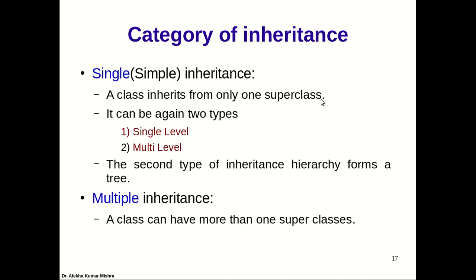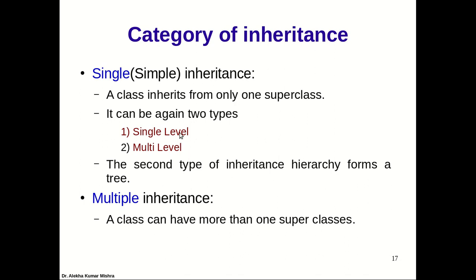When the superclass is only one, it is called simple or single inheritance. And this can be of two types: single level inheritance and multi-level inheritance. In single level, there is one base class and it is derived by one derived class.